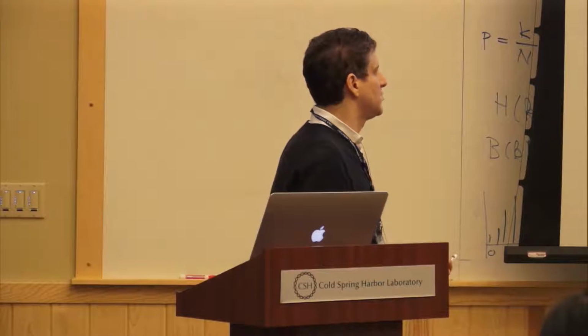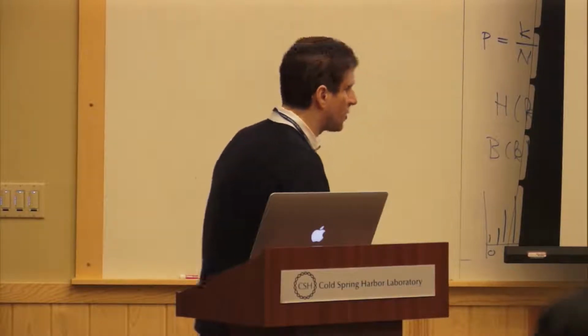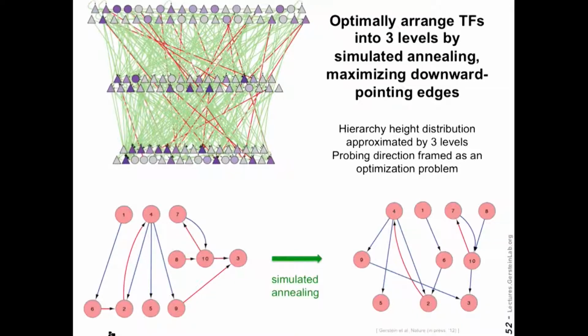In any case, you do this simulated annealing procedure on this network, and you end up with this. The impressive thing about this picture is that these are the transcription factors in the human genome. The lines are edges where one factor regulates another factor, and the color of the lines is green if it goes down and red if it goes up.